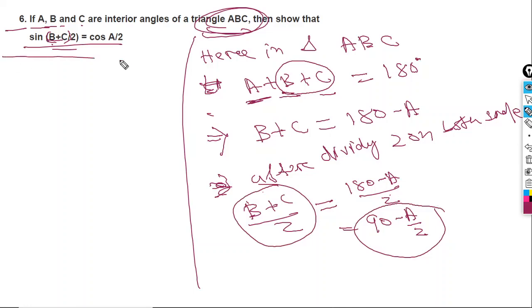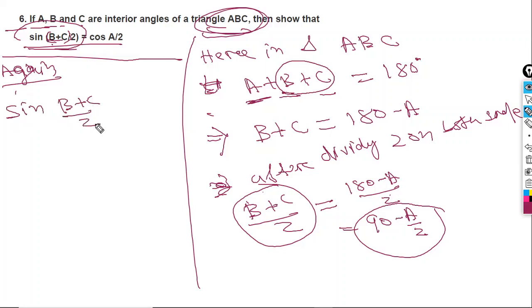Now you come to here again. Again we will take this one, sin (B plus C) by 2. We can write B plus C by 2 is equal to 90 minus A by 2.